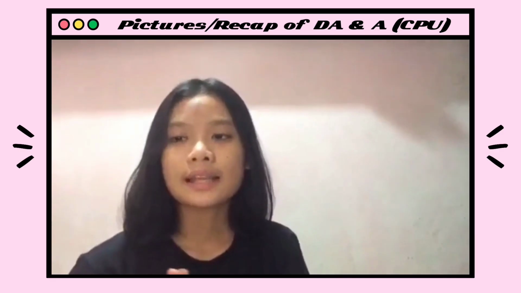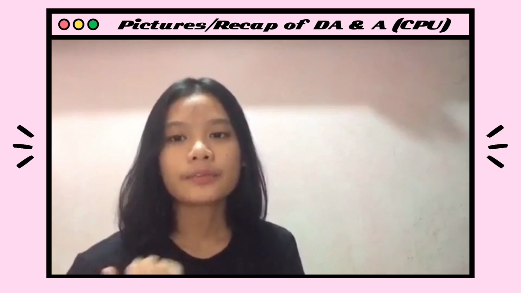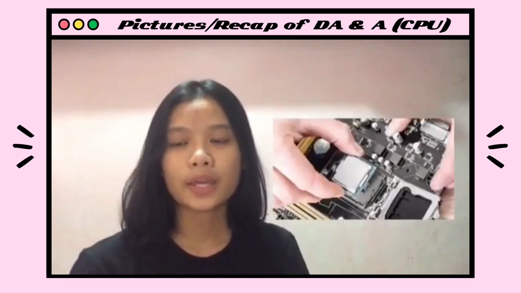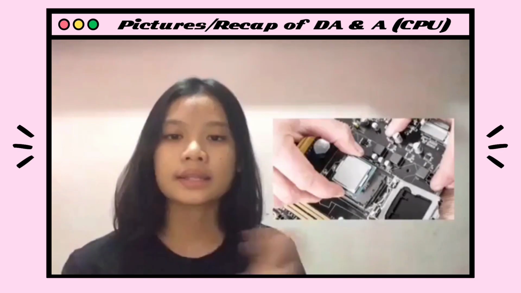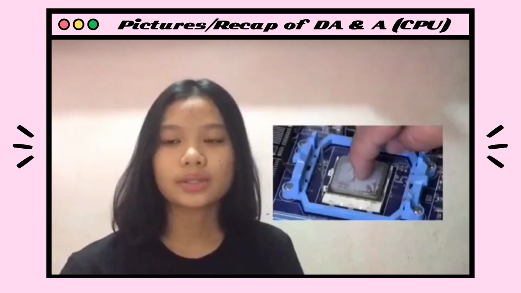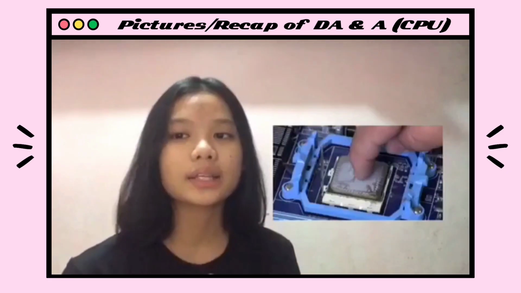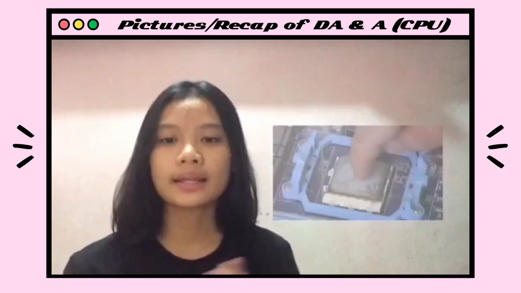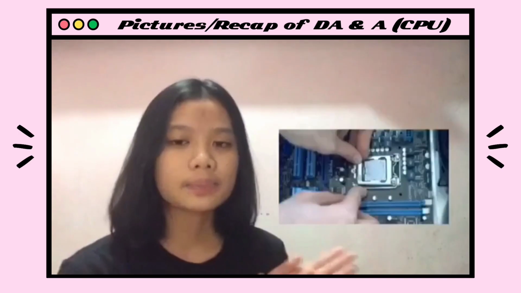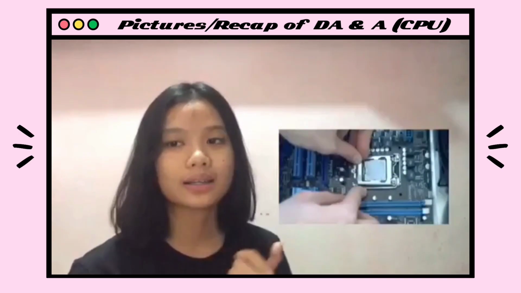So in assembling the CPU, the first picture shows the proper way of placing the processor on the CPU socket, and the second picture shows that we should push it gently using our fingers before we lock it, and the last picture shows that we should lock it properly.